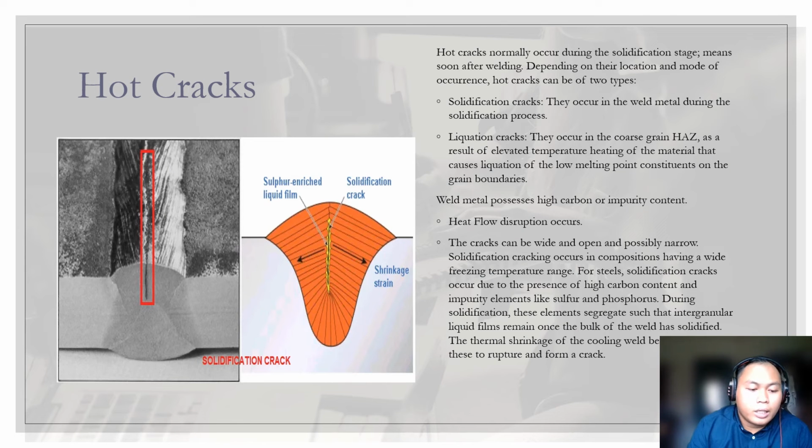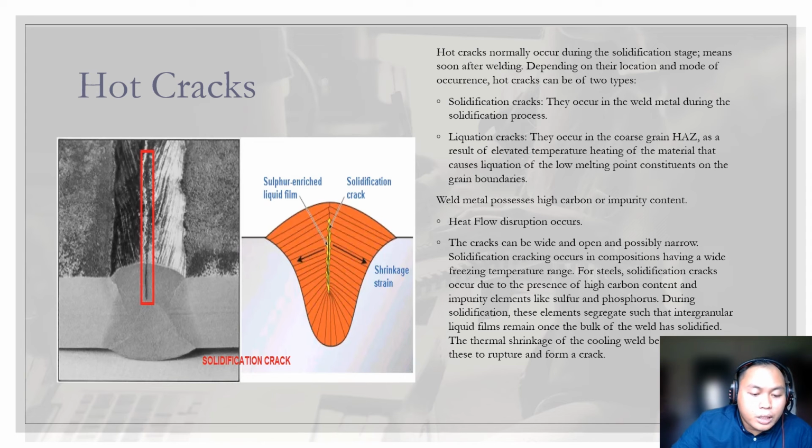Hot crack. Hot cracks normally occur during the solidification stage, meaning soon after welding, depending on the location and mode of extrusion. Hot cracks can be of two types. Solidification cracks occur in the weld material during the solidification process.